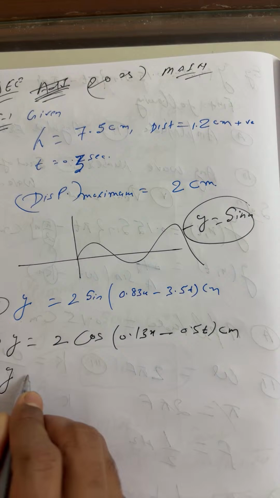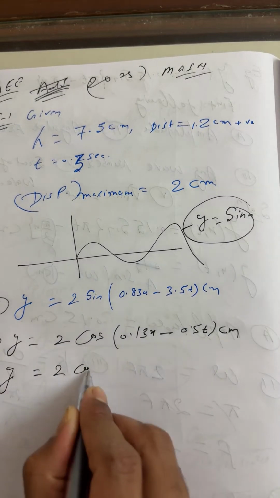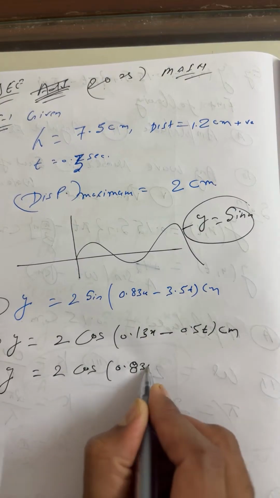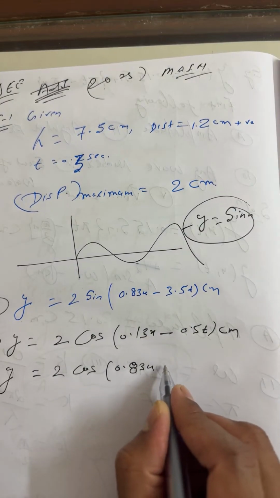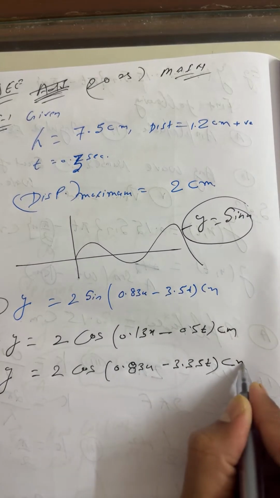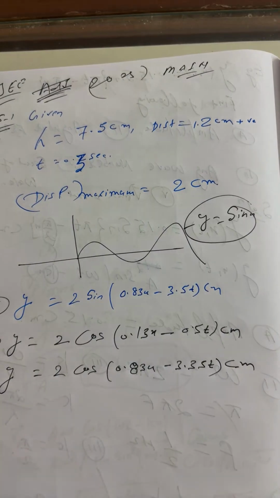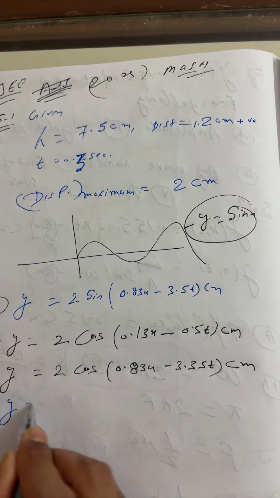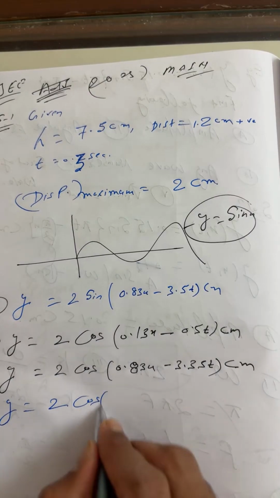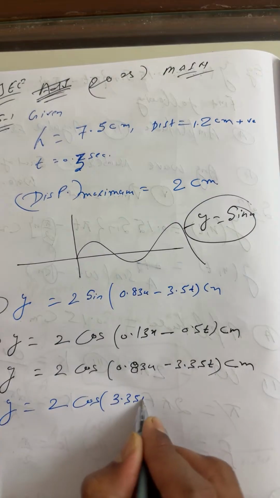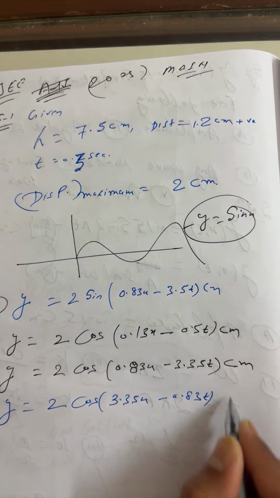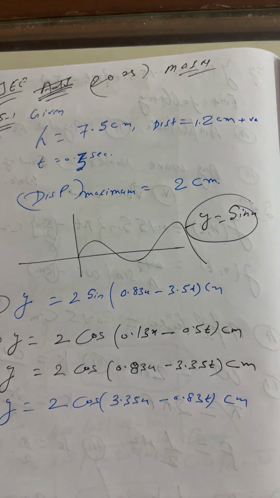Option C is y equals 2 cos of 0.83x minus 3.35t, in centimeter. The last option, y equals 2 cos of 3.35x minus 0.83t, in centimeter only.